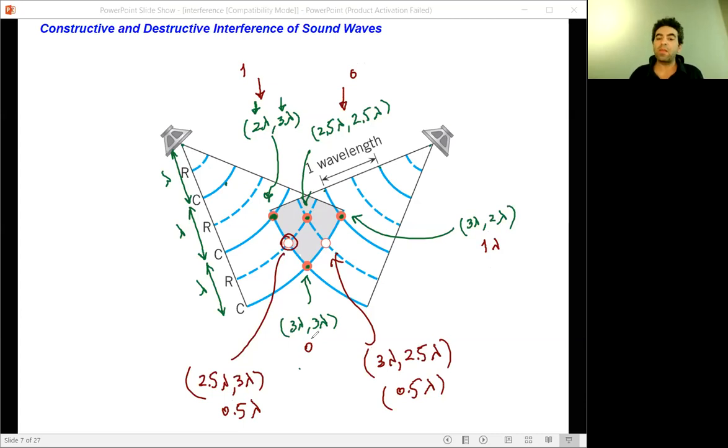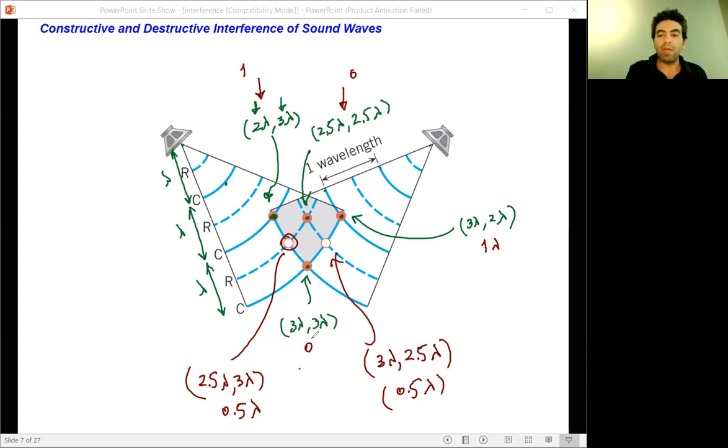And in fact, it turns out that if I generalize this more, that's exactly what the pattern is. If I have 0 lambda difference, 1 lambda difference, 2 lambda difference, 3, 4, 5 lambda, so any integer multiple of lambda difference between the path length from the first source and from the second source, then that's called constructive interference.